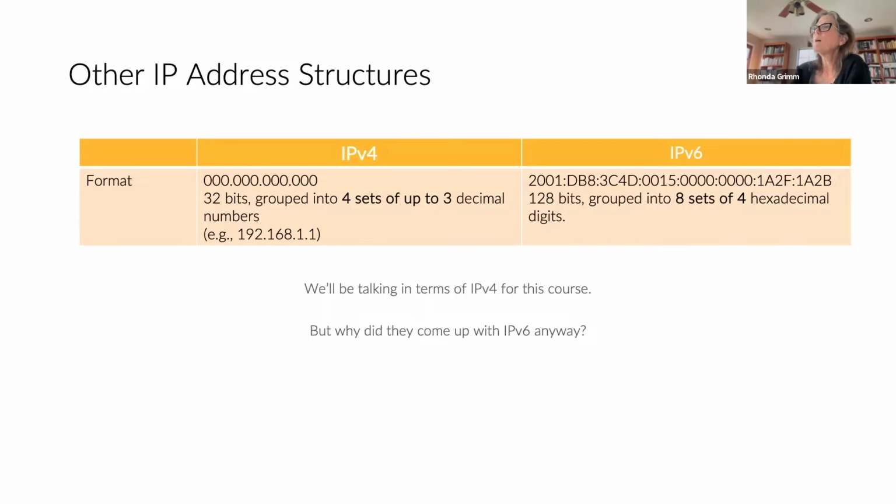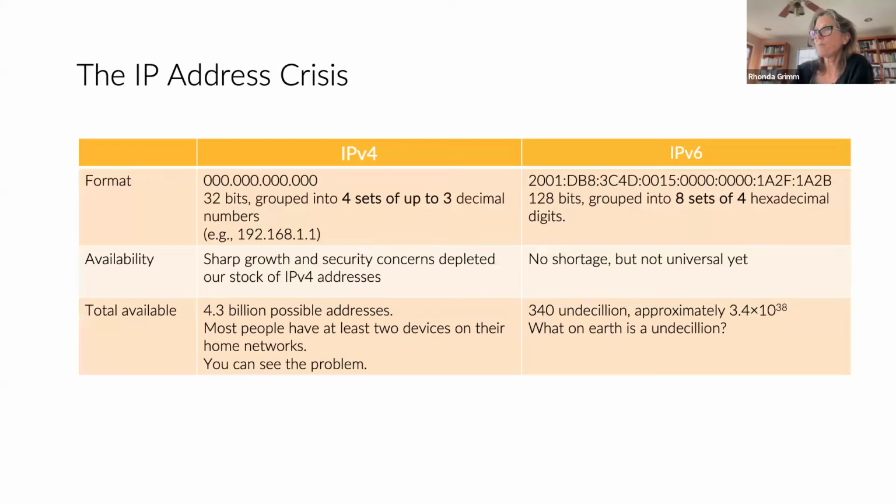But why did they come up with IPv6 anyway? Well, back in the day, with the combination that you could get from 4 sets of 3, it was like 4.3 billion possible addresses. And it's like, what could possibly go wrong? This is great. We have plenty. But I'm looking at probably 5 devices on my desk right now. So immediately it was starting to become clear that, with the sharp growth and the security concerns, oh my gosh, we're going to run out of IPv4 addresses.